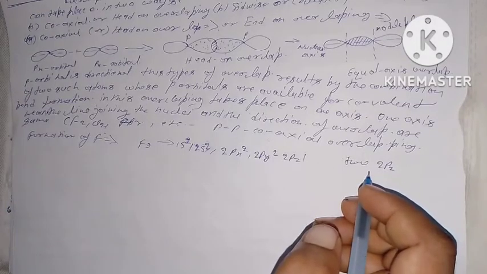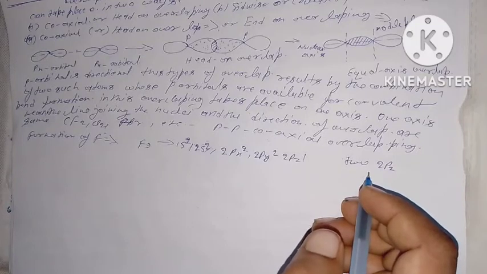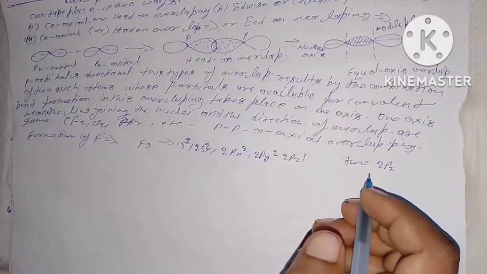The bond formed by pp overlap is a sigma bond and is symmetrical about the internuclear axis.